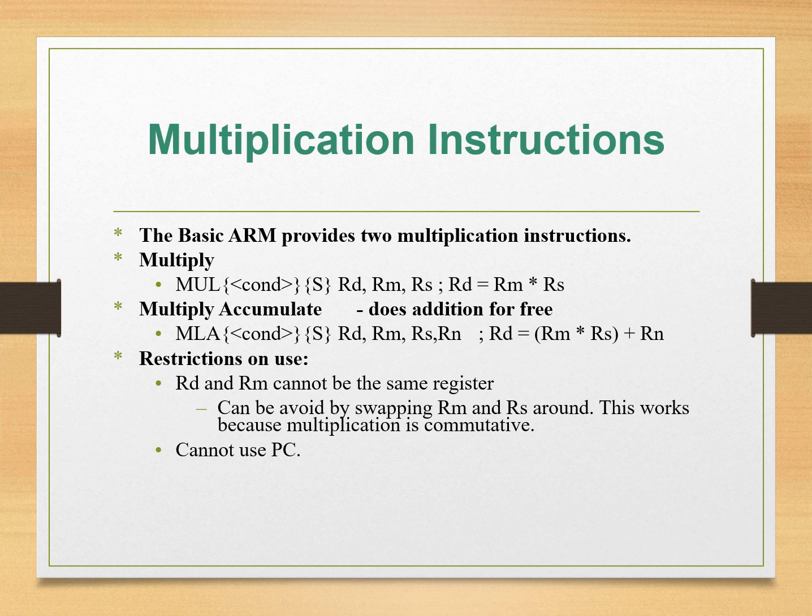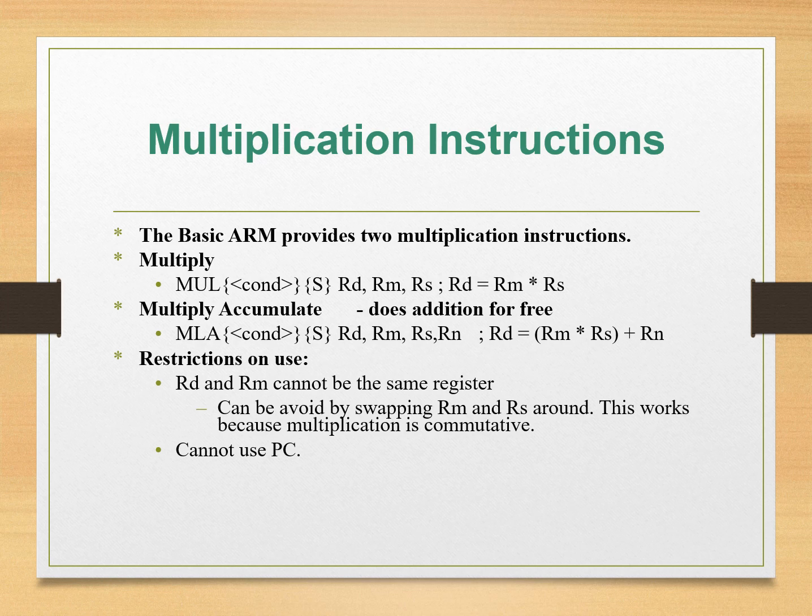There are restrictions when using this multiplication. First of all, Rd and Rm cannot be the same register. Your destination and the first operand cannot be the same register. This can be avoided by swapping Rm and Rs around.